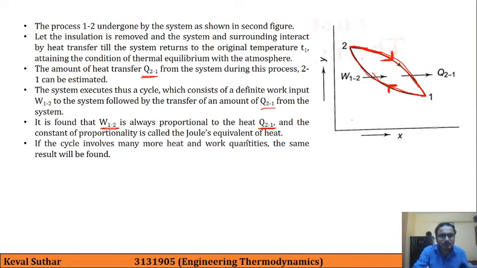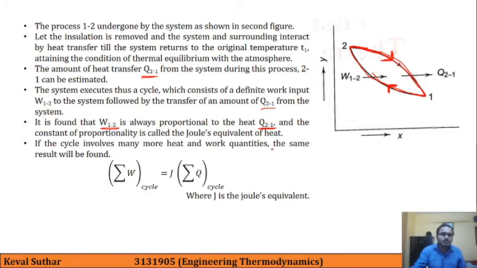If the cycle involves many more heat and work quantities, then the same result will be found. Here we have taken only two, that is one work transfer and another heat transfer.